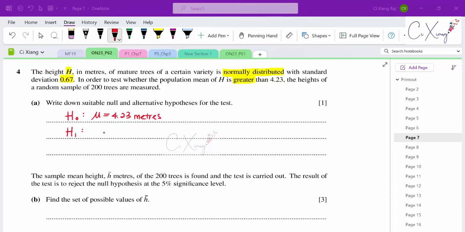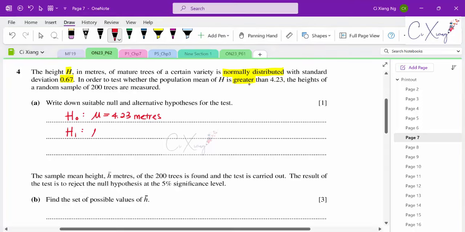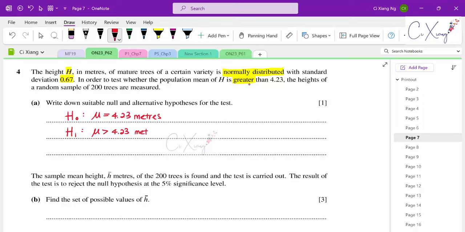Then how about the alternative hypothesis? For the alternative, the words greater than give us a hint that mu should be greater than 4.23 meters. So this is how we set up the null and the alternative hypotheses. The word greater is a keyword that helps us with the alternative hypothesis.